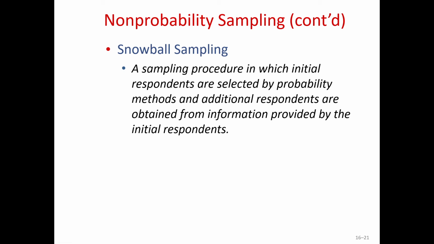Reduced sample size and cost are a clear-cut advantage of snowball sampling. But bias is likely to enter as well, because a person suggested by someone in the sample has a higher probability of being similar to the first person and giving the same responses.